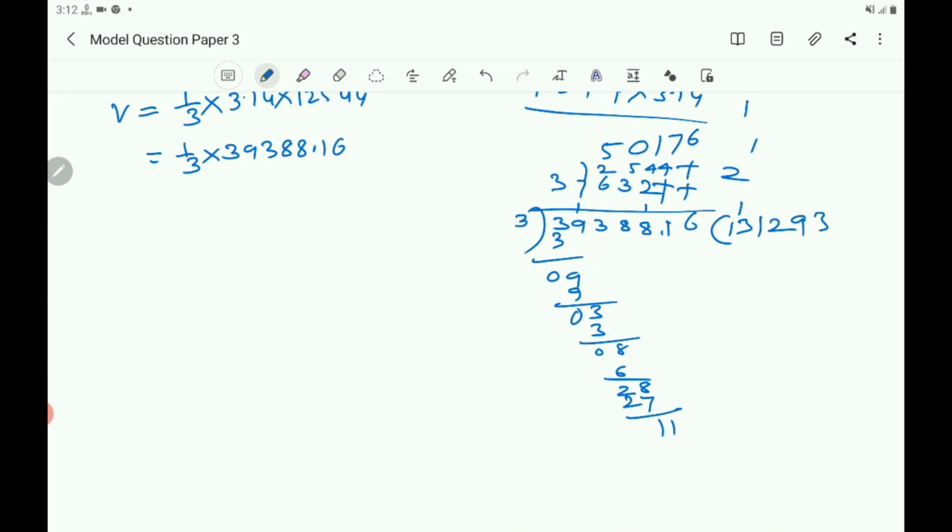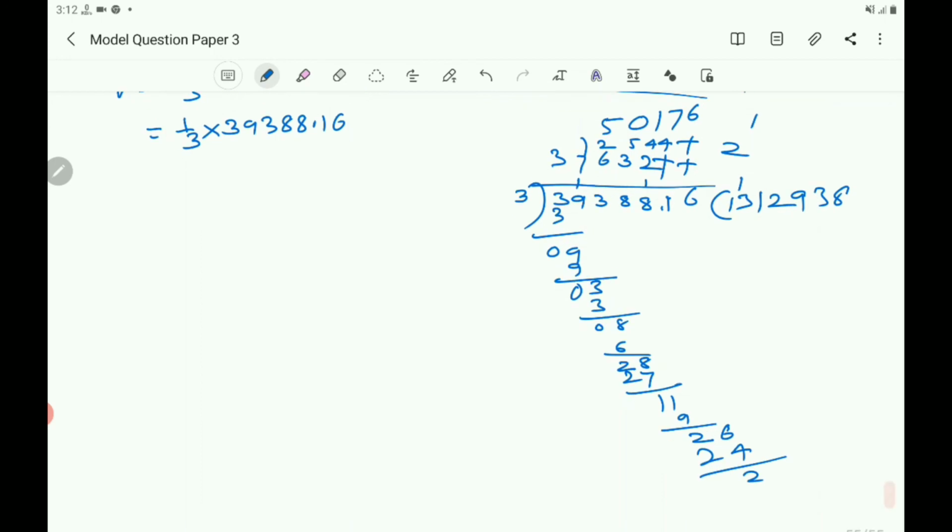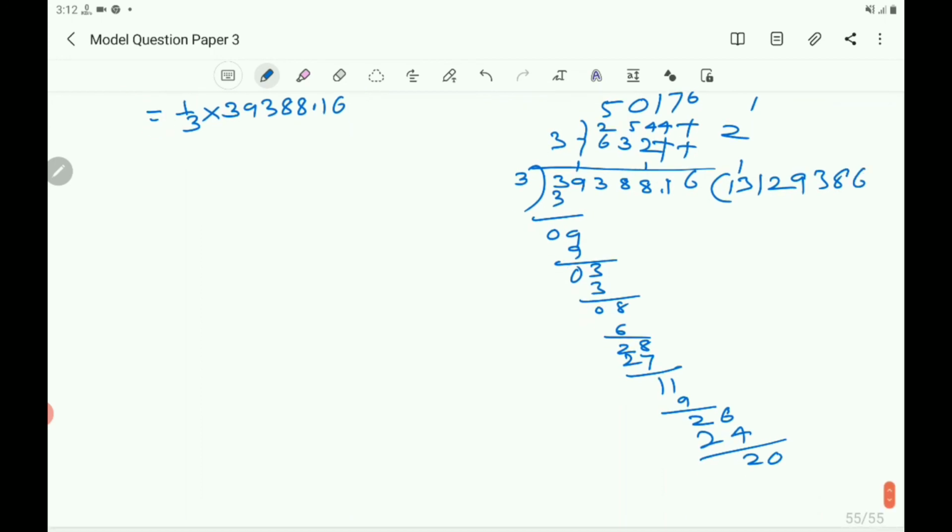1 means again here we have to take 3 9s are 27, 3 3s are 9, 2 is remaining, 2 6, 3 8s are 24, 3 6s are 18, so again 2, so the 6 is recurring here.